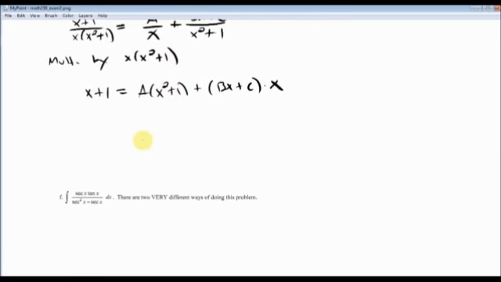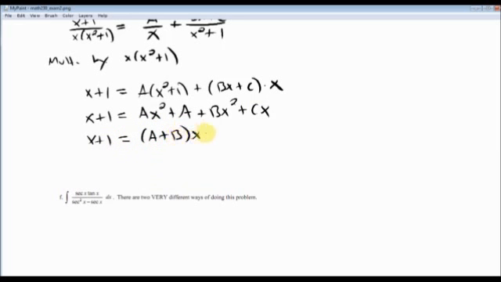And then go through and simplify and collect like terms. We get ax squared plus a, bx squared plus cx. Alright, so we get a plus b x squared, cx plus a.